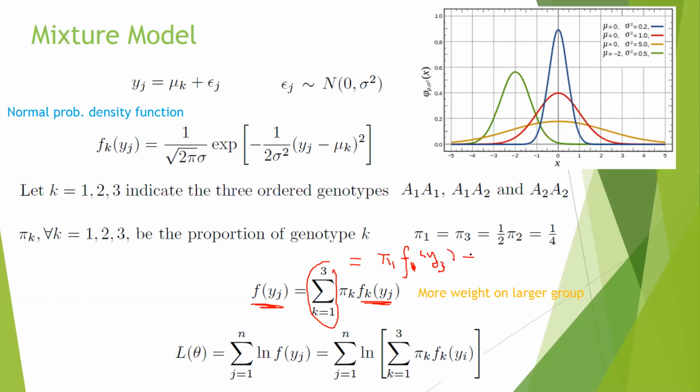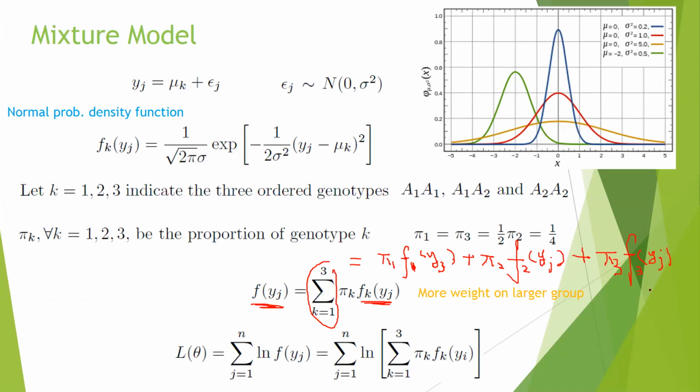We add up the terms because we do not know which subpopulation this individual belongs to, so we need to consider all 3 possibilities. If this one belongs to the second subpopulation, then the second term takes it into account. And if the individual belongs to the third subpopulation, then we calculate this.